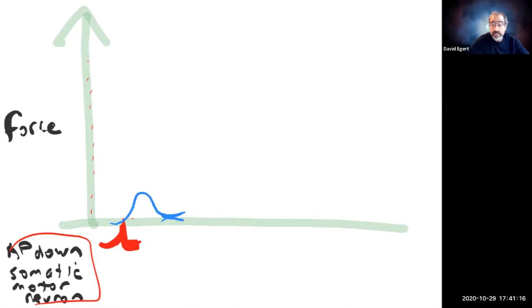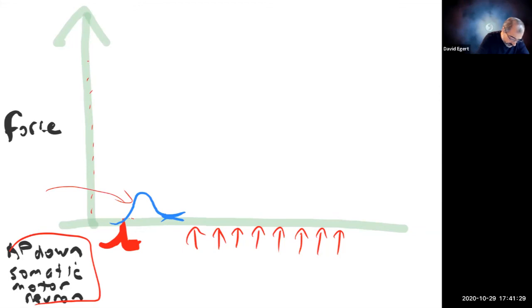There is going to be temporal summation. But the way you typically, so this is called a twitch. And it's an all or none kind of thing. You can't make it more or less.